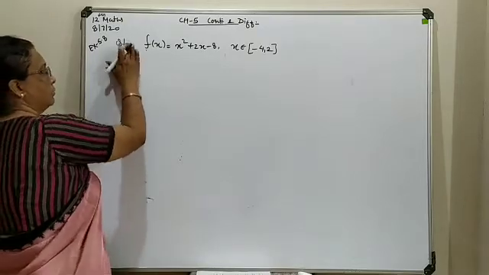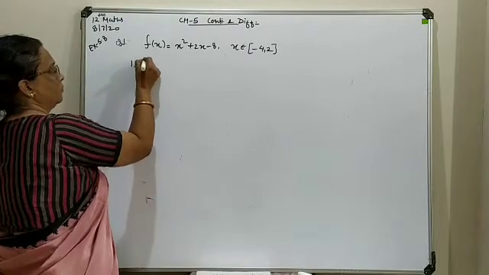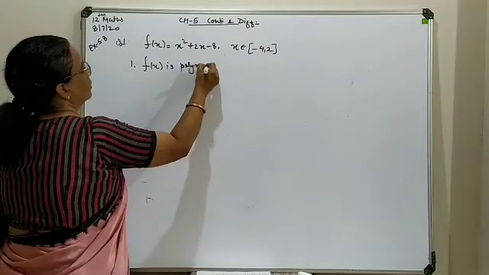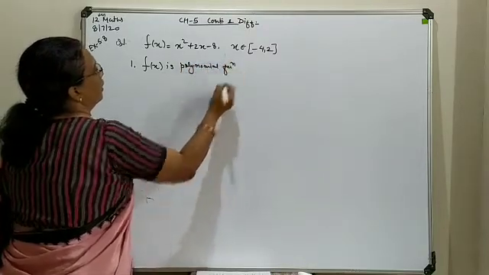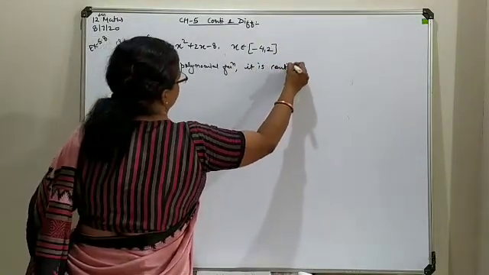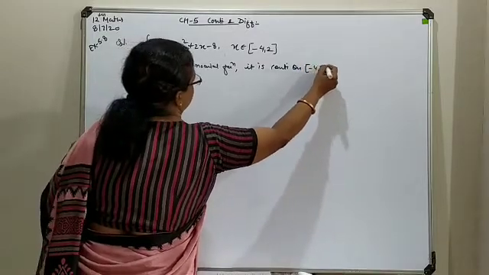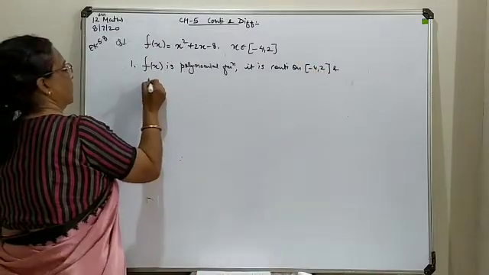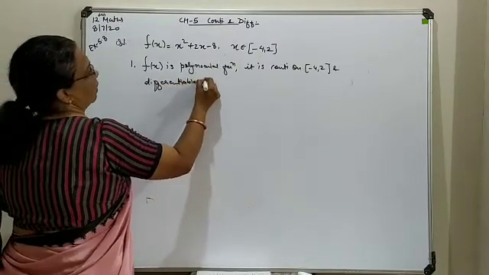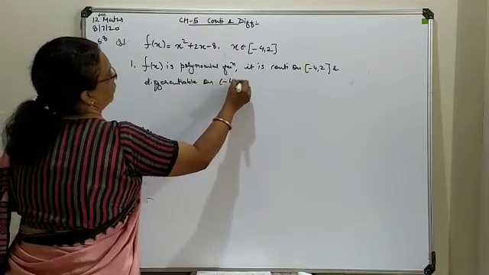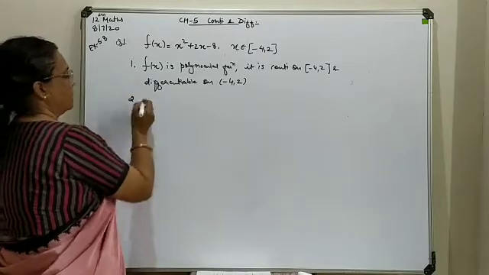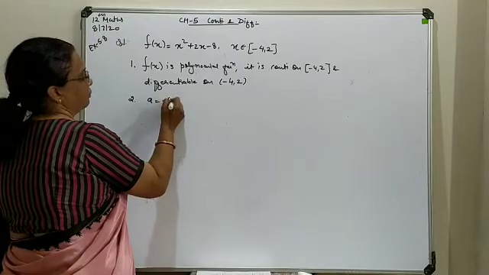So your first statement is: f(x) is a polynomial function, therefore it is continuous on the closed interval and differentiable on the open interval (-4, 2). Basic conditions are satisfied. Now from the question, your a is -4 and b is 2.